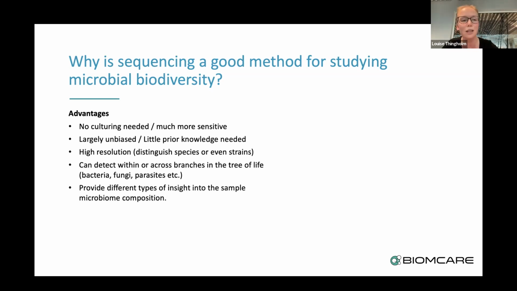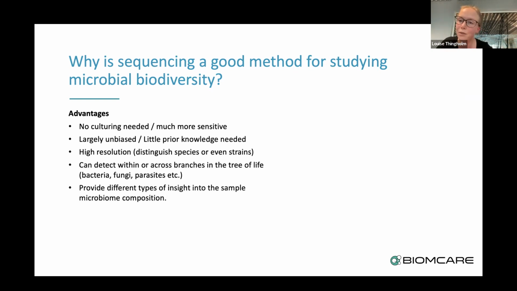The fact that we know so little about the soil microbiome means that using this method, we can also look at all the things we don't know, and we don't select for the culturable part of the community. So you will get a lot more diversity included when you use this method. It's largely unbiased, so you don't have to look in a microscope and say, I think this looks like.